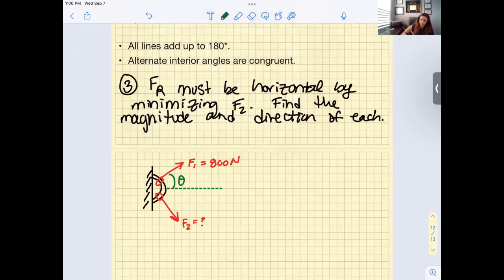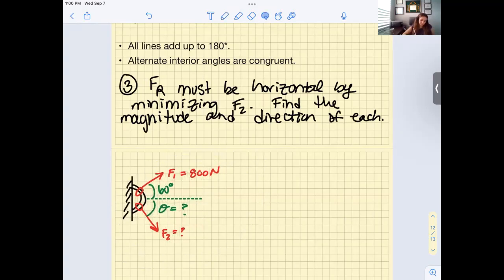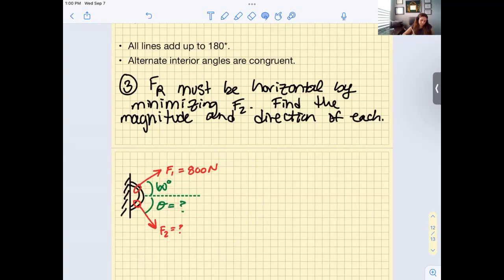This reference angle is 60 degrees. This reference angle, we don't know. What should we do?